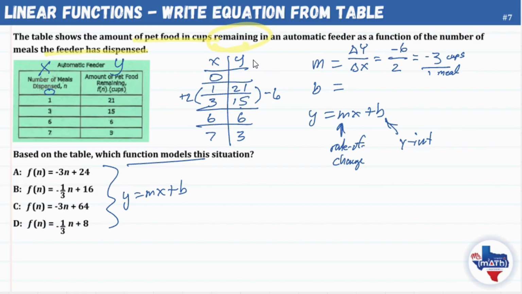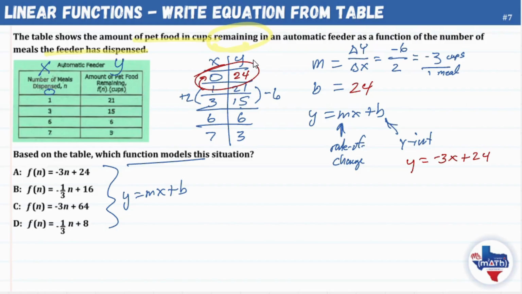So if I'm at 1 already for x, and I go to 0, then that means that if I subtract 3, or excuse me, if I add 3, that's going to put me at 24. So I will have started with 24 cups of food. So my b is 24. So we can write our equation: y equals negative 3x plus 24.